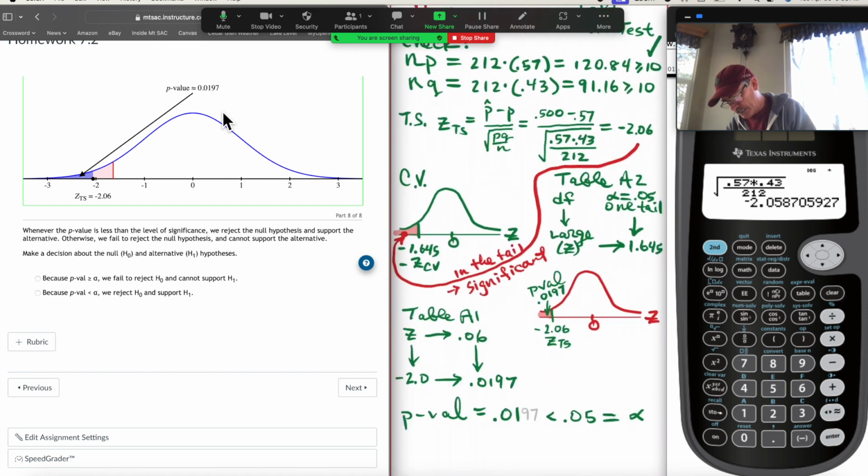And whenever it's less, that means we reject the null hypothesis. And the point of rejecting the null hypothesis, and that is sort of the goal, is that when you reject it, you get to support the alternative.